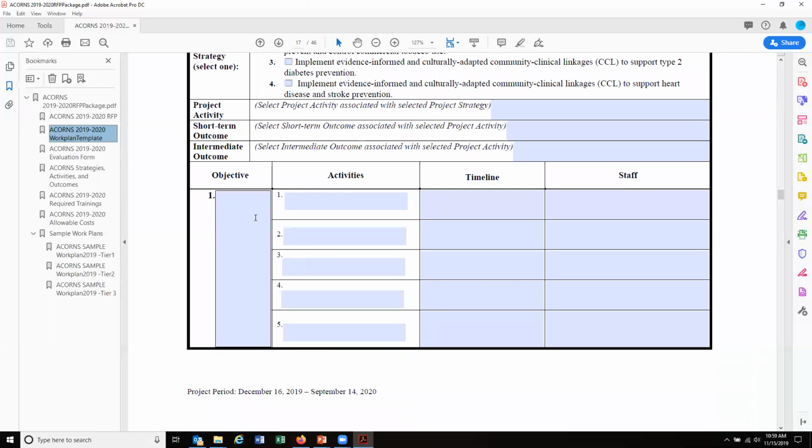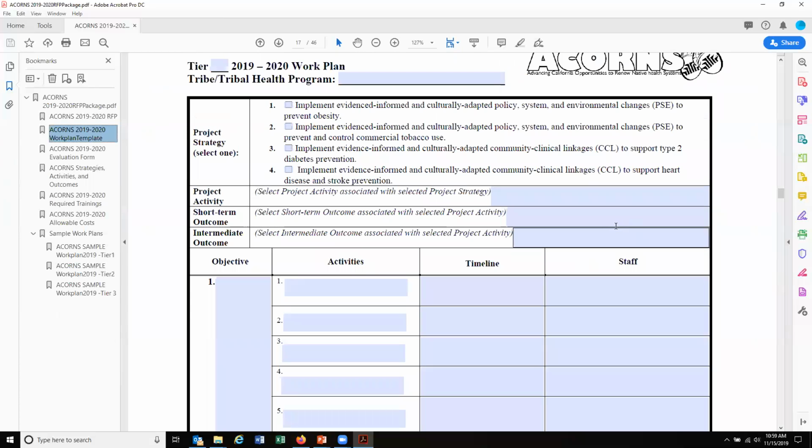Now, this objective piece is where you're going to be writing in and creating your project. So up until this point, this has sort of been written for you. This is the framework or the structure of the grant and what we're trying to accomplish.